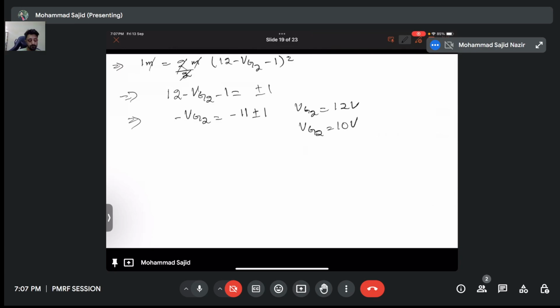So which one is the correct? Since Vs is 12 volt, we cannot have VG equal to 12 volt because VSG will be 0, the transistor will not be on. We have an answer here as 10. So this will be your gate voltage for the transistor.